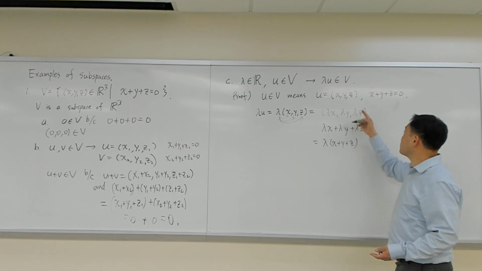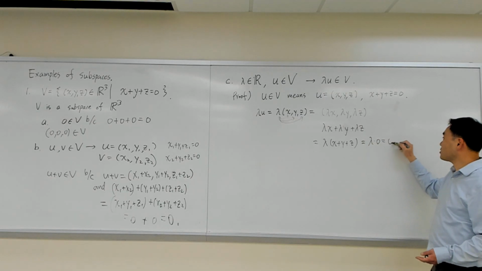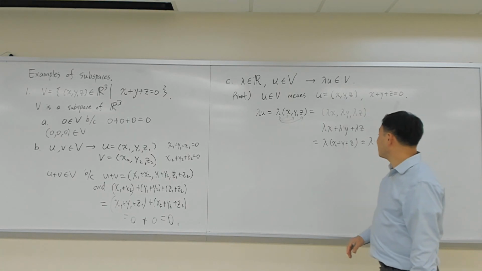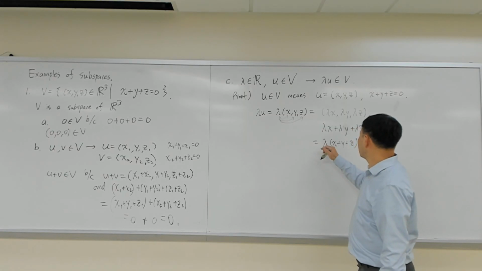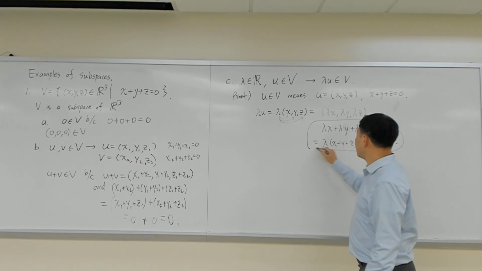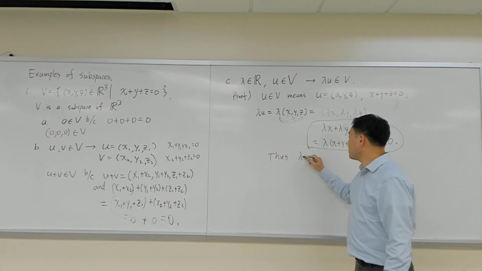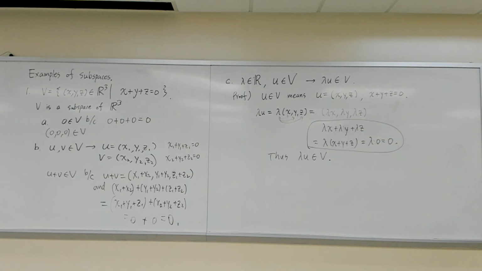And we already know that this is 0, so this is lambda times 0, which is 0, so done. Because of this, thus lambda U is in V. Done. So that shows you that it's a subspace.